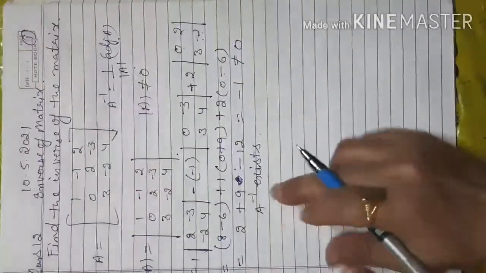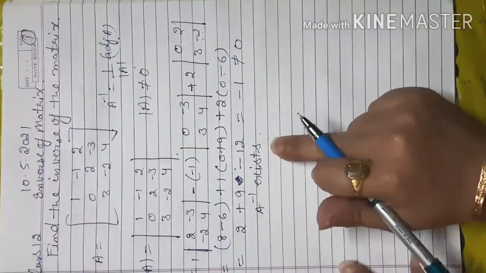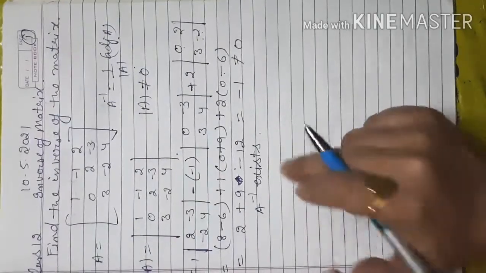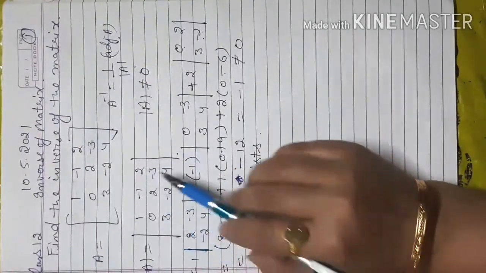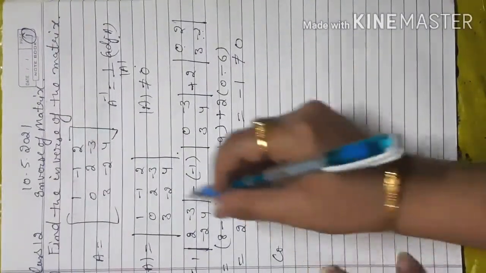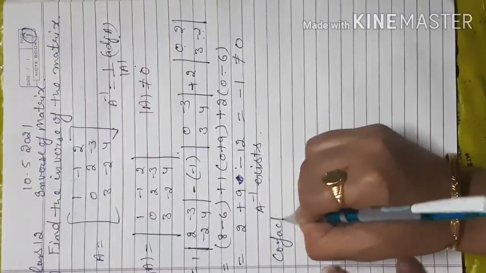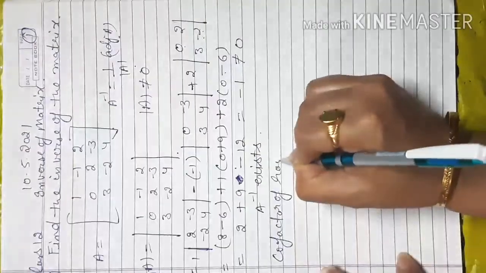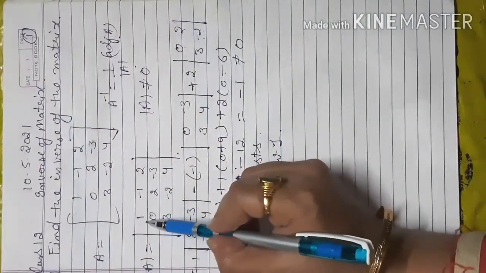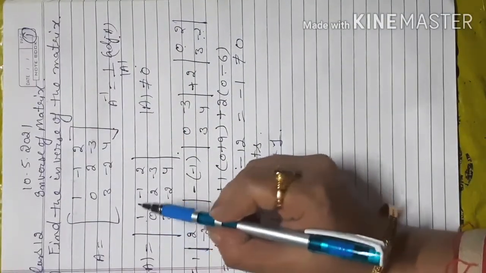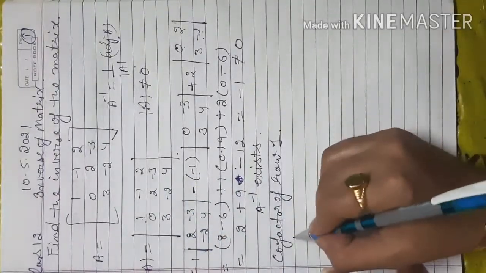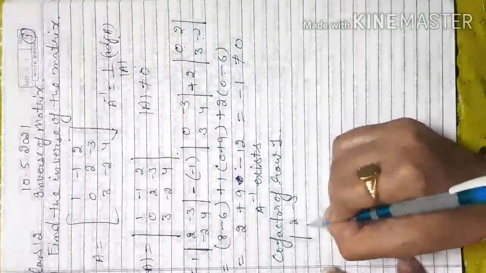Now, after finding that A inverse exists, you move further to the adjoint of A. For finding the adjoint of A, I need the cofactor of each element of this determinant. First I will write the cofactors of row 1 of this determinant. I am writing directly here. For row 1, you just write the position sign, ignoring this element and its row and column, so that will be 2 minus 3, minus 2 4.